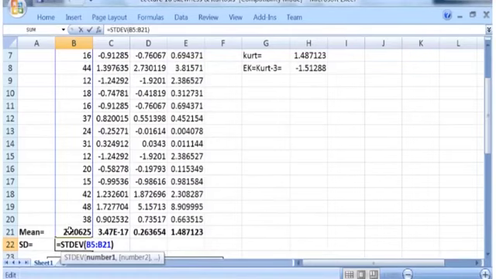So 17 minus 1, we get 16. So the denominator becomes 16, which is the same as the total number of observations in our data.